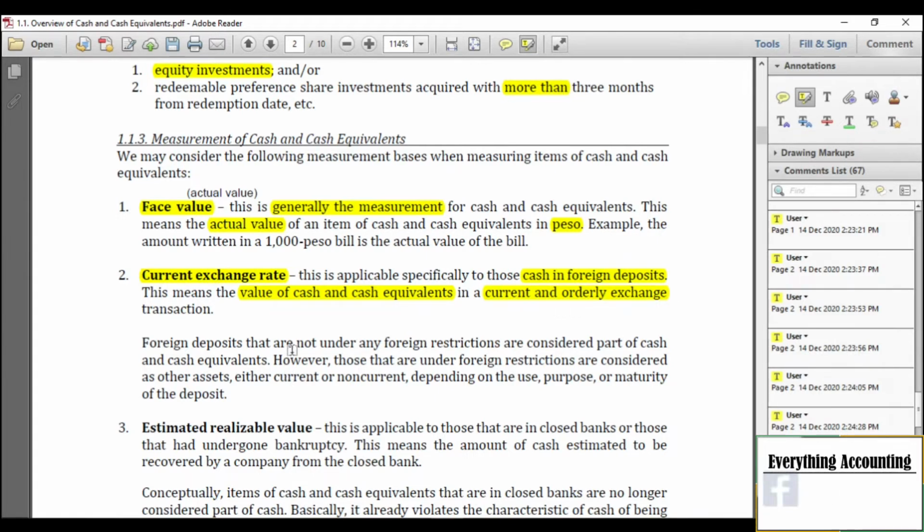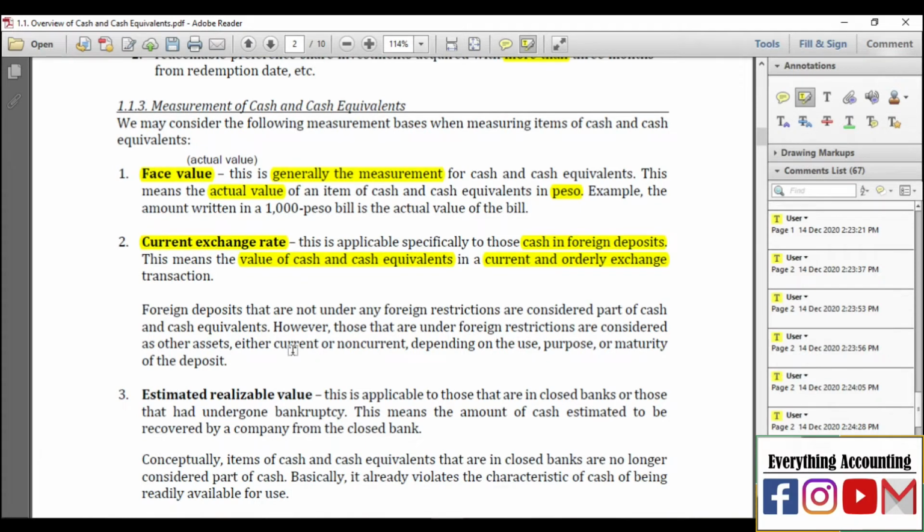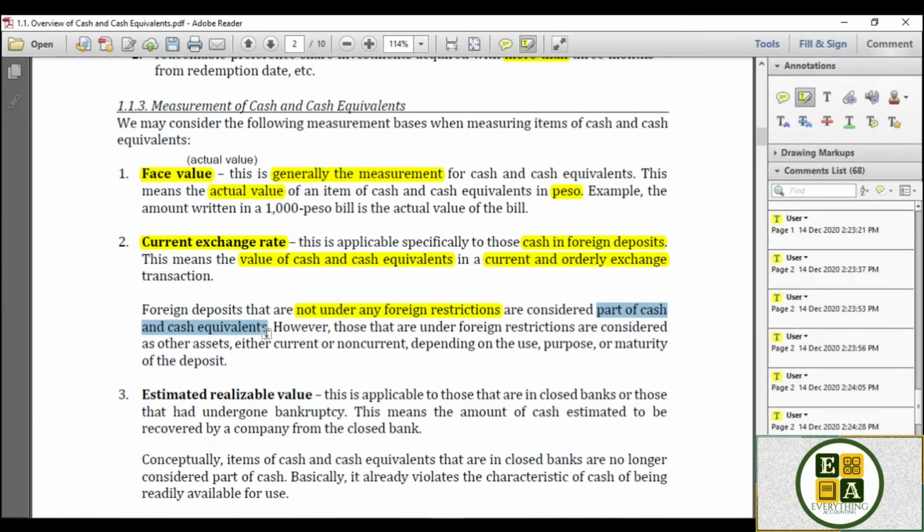Okay. But for accounting, when you see a foreign deposit with an exchange rate, do not immediately consider it as an item of cash and cash equivalents. We have to qualify it if there are foreign restrictions. If not under foreign restrictions, it is considered part of cash and cash equivalents. In problem solving, just state that it is restricted as to withdrawal.